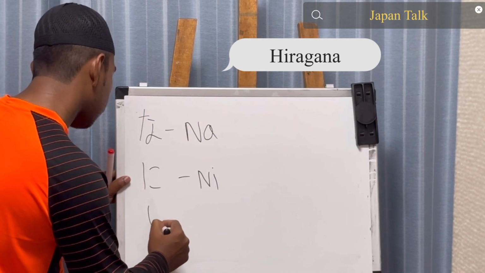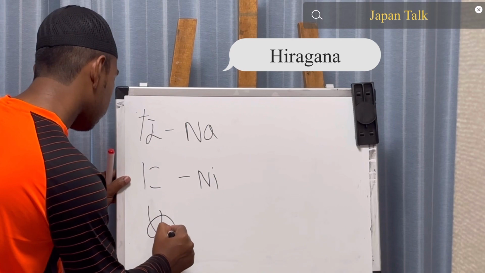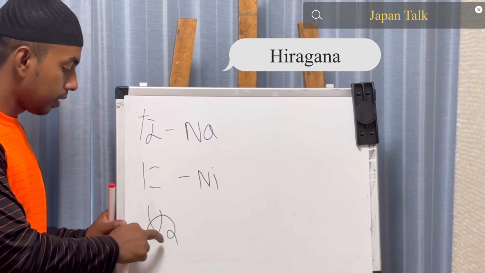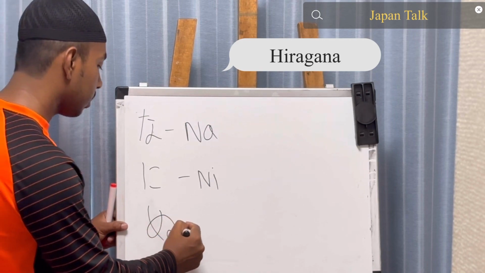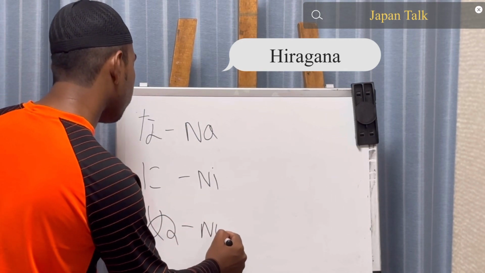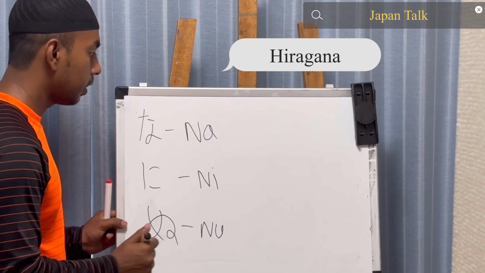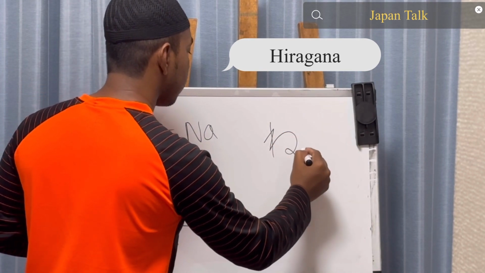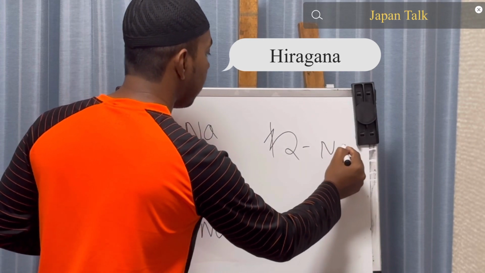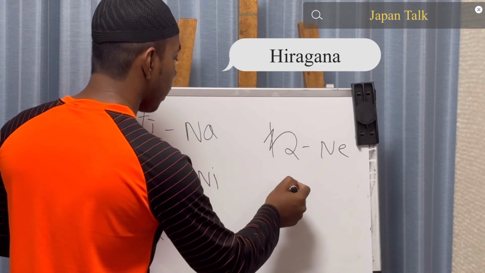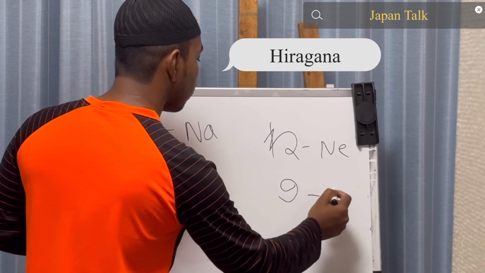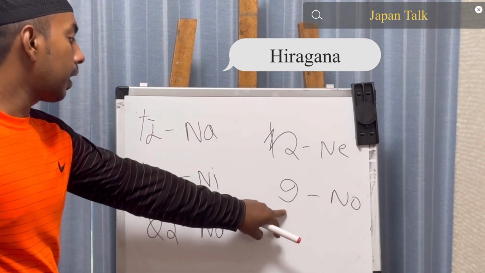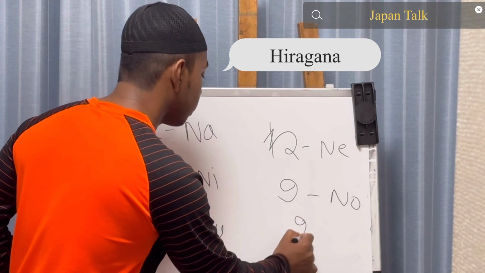And then this is also a critical alphabet. This is called nu. And then ne. And the last one is no. So the no looks like 9, right?